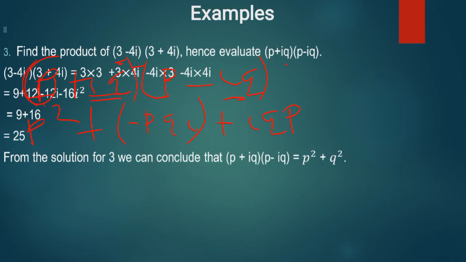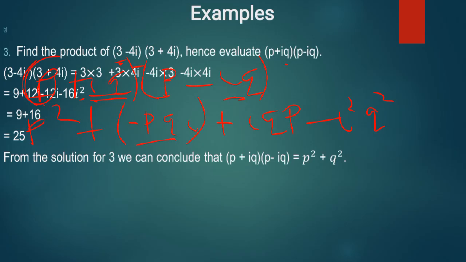And then iQ times minus iQ, so there's a minus times plus, so that's a minus still. And i times i is i squared. And Q times Q is Q squared. Okay, so you have that.